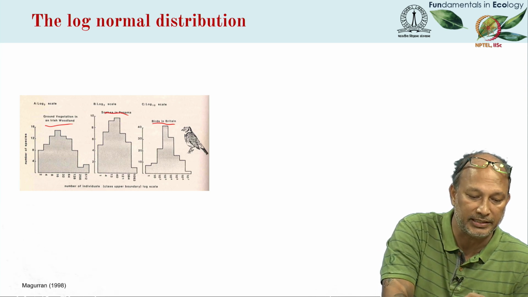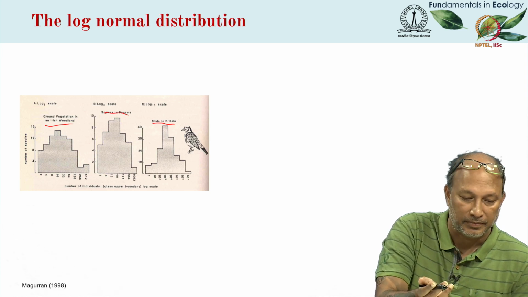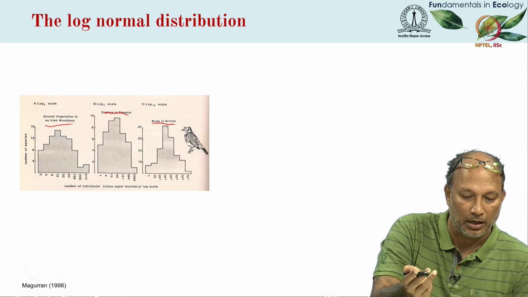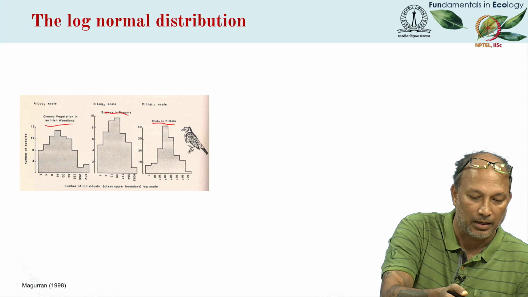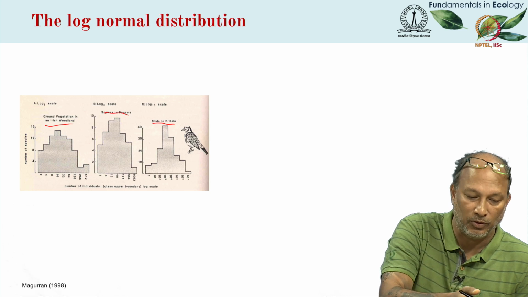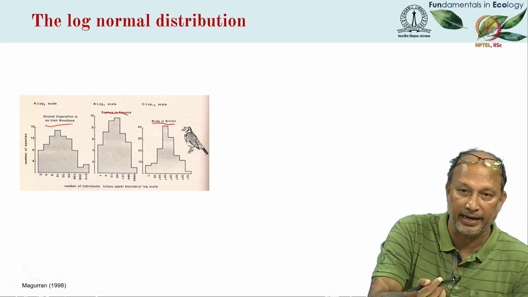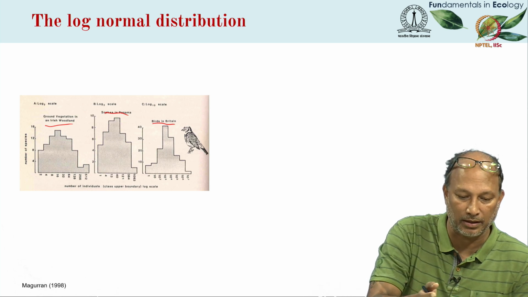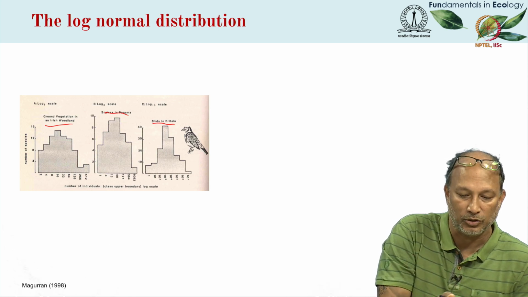So how many species had just 1 to 2 individuals, how many species had 3 to 4 individuals, how many species had 5 to 8 individuals, and so this is sort of a doubling of each class.